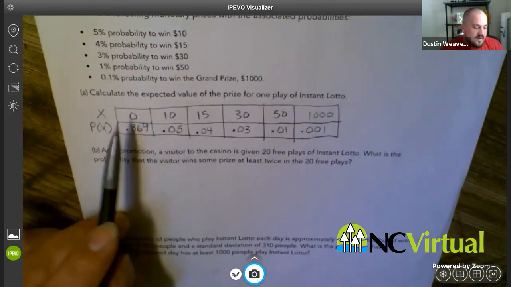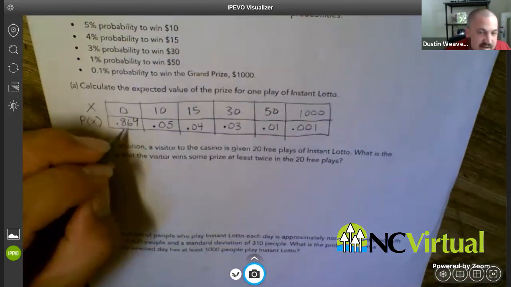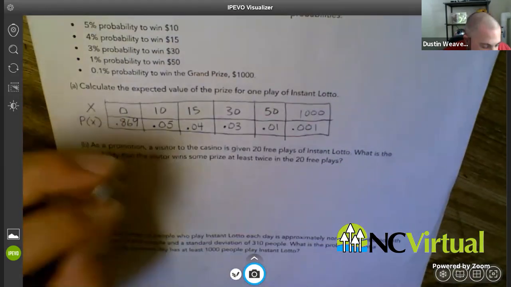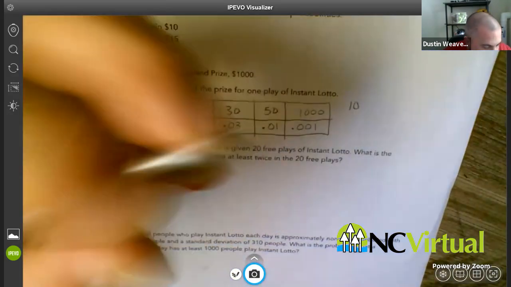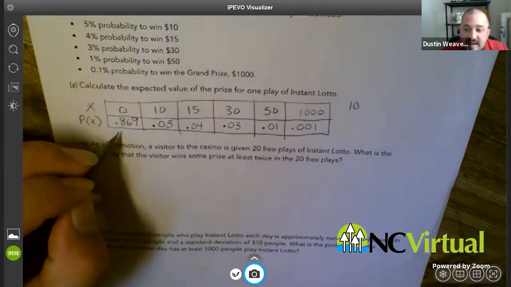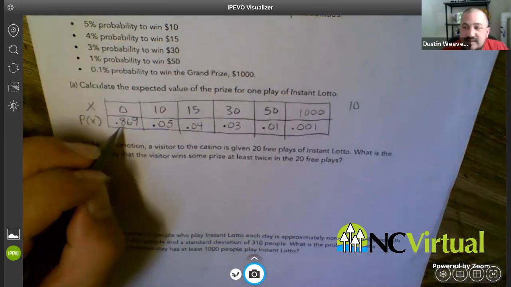The first thing we're going to look at is part A, which wanted us to calculate the expected value. So expected value is X times the probability, and you add. So 0 times 0.869 is still 0, so I didn't include that.